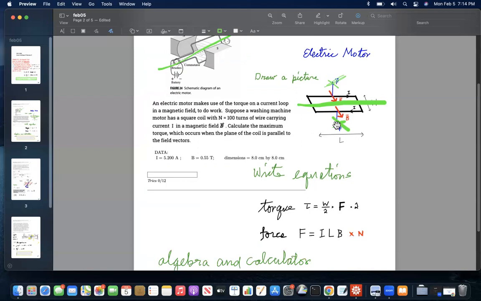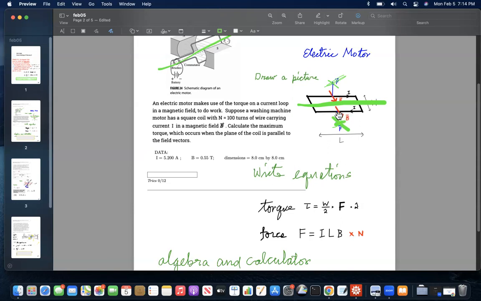Now what's the force? Well, the force is ILB sine theta, but in this case, sine of theta is 1 because theta is 90 degrees. Theta is the angle between the electric current and the magnetic field. Well, at this point, where the coil is parallel to the magnetic field, that angle is 90 degrees.